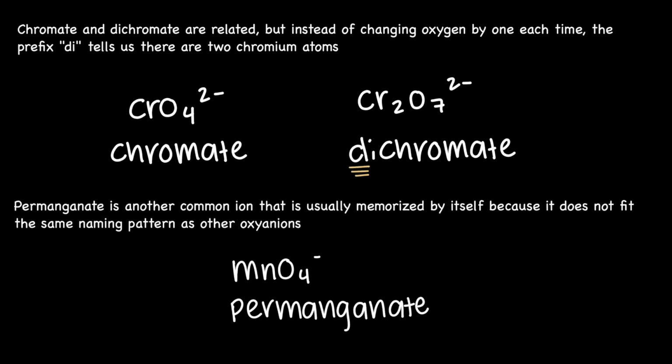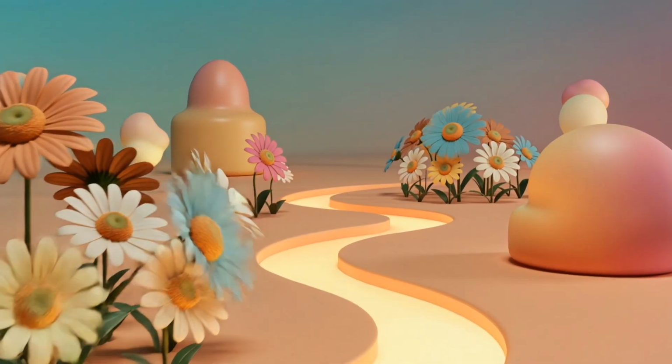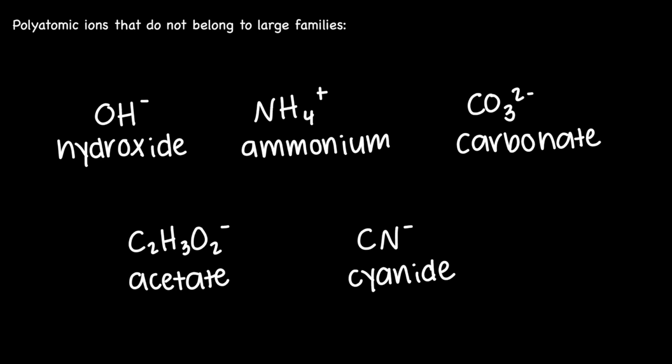Permanganate is another common ion that is usually memorized by itself because it does not fit the same naming pattern as the other oxyanions you learn in general chemistry. There are also a few important polyatomic ions that do not belong to large families. Hydroxide, ammonium, carbonate, acetate, cyanide. These are simply worth memorizing individually because you will use them all throughout chemistry.